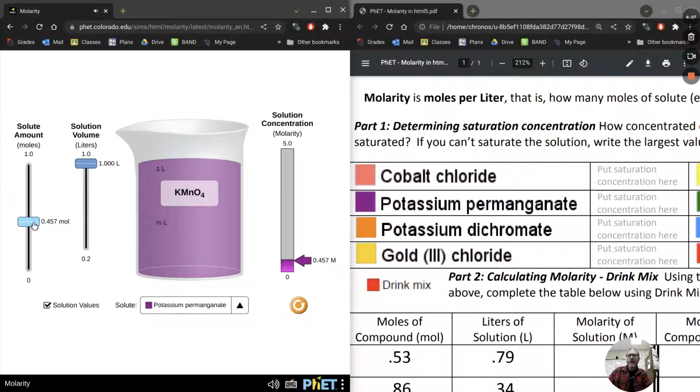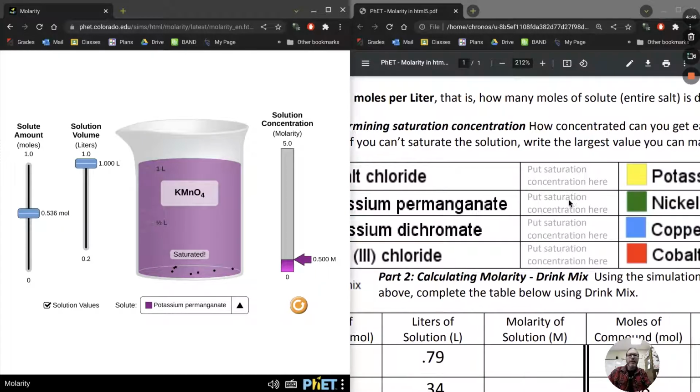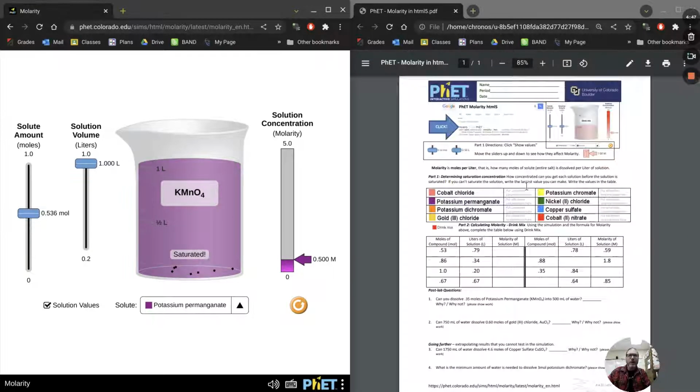You see right there, I'm starting to get a change in my concentration, so I bring it up until it just says it's saturated right there. And again, I'm going to record that molar concentration where it hits saturation point beside that substance. And you do the same thing for the rest of your substances there in part one.